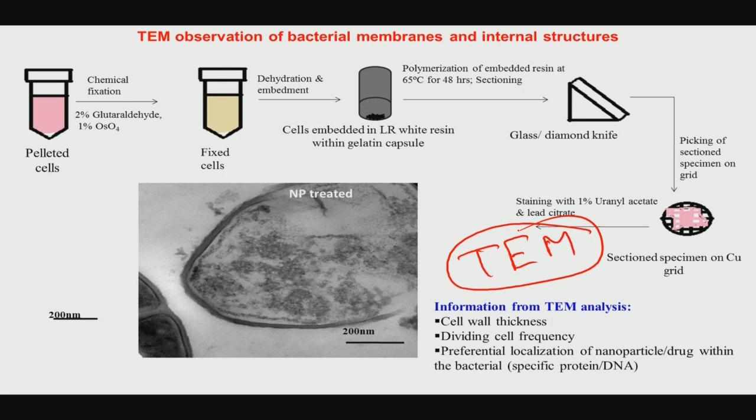The first hurdle in using TEM for cells and bacteria is to appropriately prepare the sample. Sample preparation is the most difficult stage in TEM investigation, particularly for biological samples like cells or tissue sections.